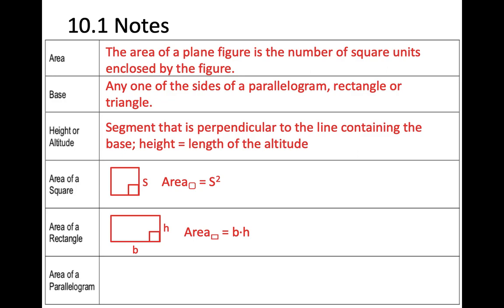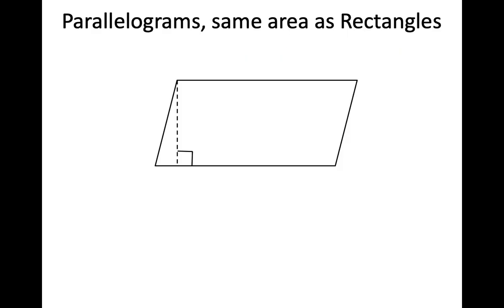Okay. Now we want to talk about the area of a parallelogram. And let me show you that parallelograms actually have the same area as rectangles. So right here we have a parallelogram. And if I take this blue piece here that is part of this parallelogram and I move it over to the right, I turn it into a rectangle.